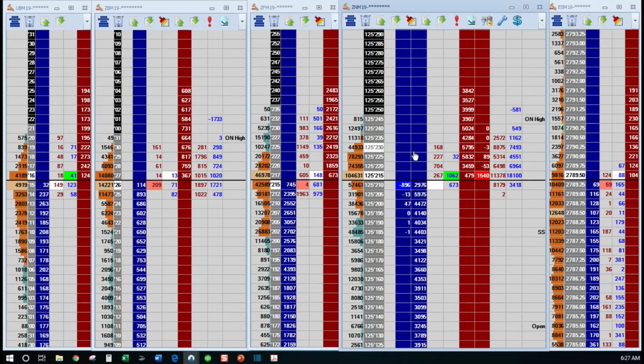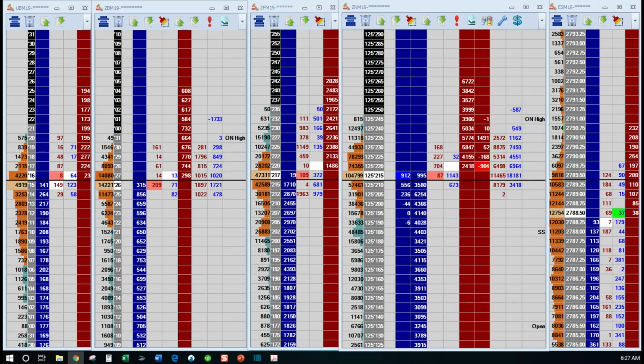Again, we've got rollover. I'm going to check the volume here real quick while I have everybody on the tube. Basically, I'm comparing the volume in the June contract to the volume in the next contract that we roll over to.